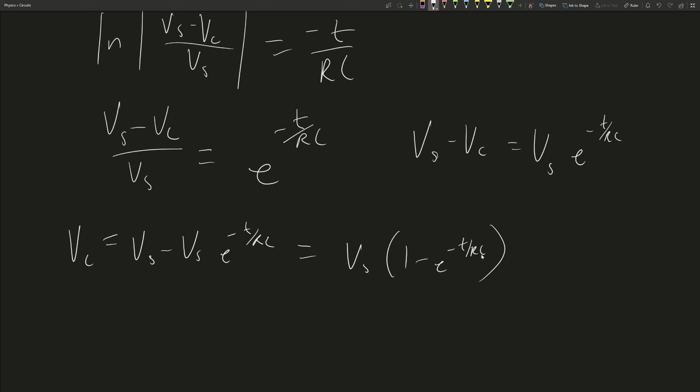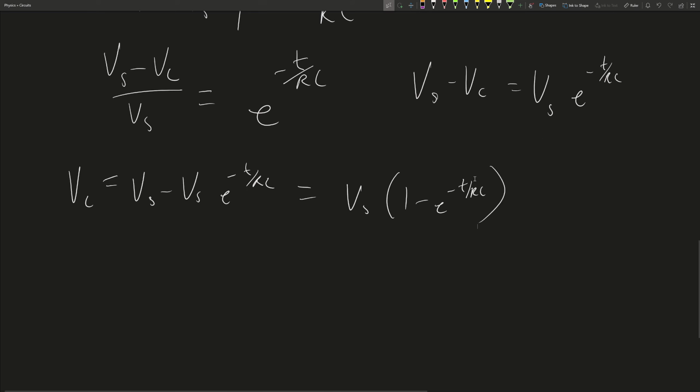And this we can see is a simple type of exponential decay. Well, the e to the negative T over RC, that's exponential decay. And then this reaches a limiting value of Vs.